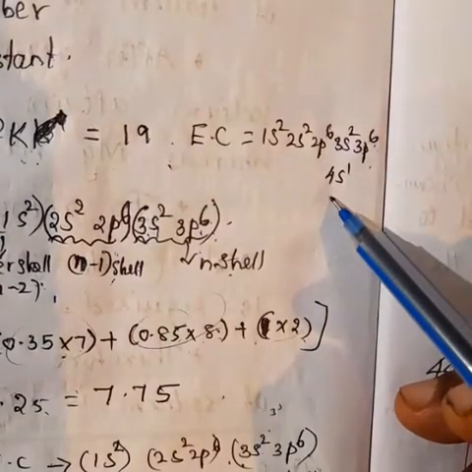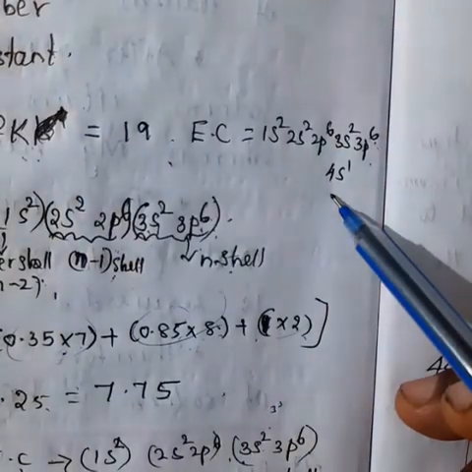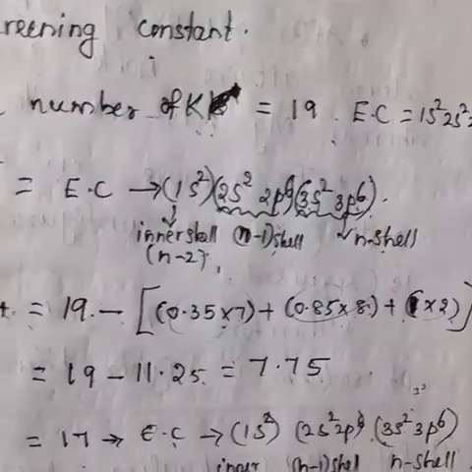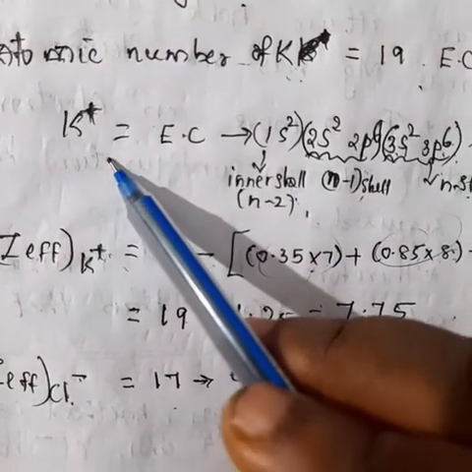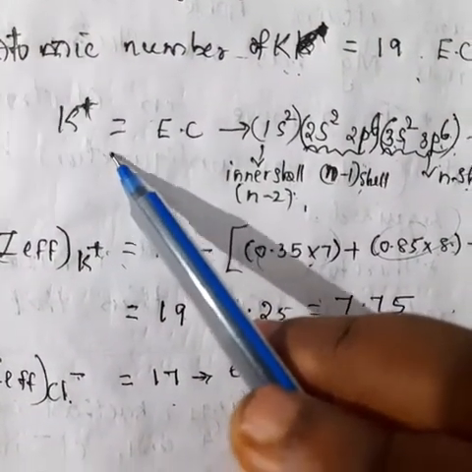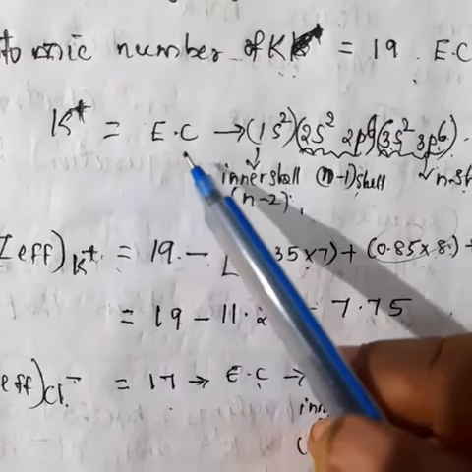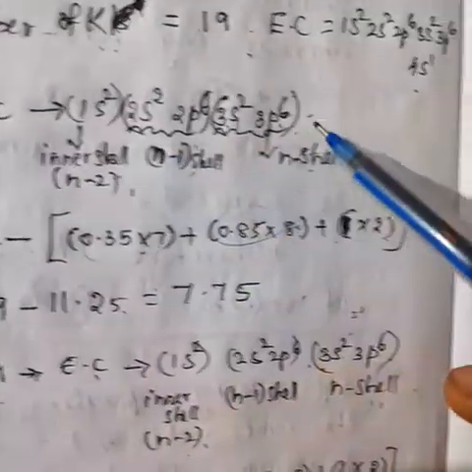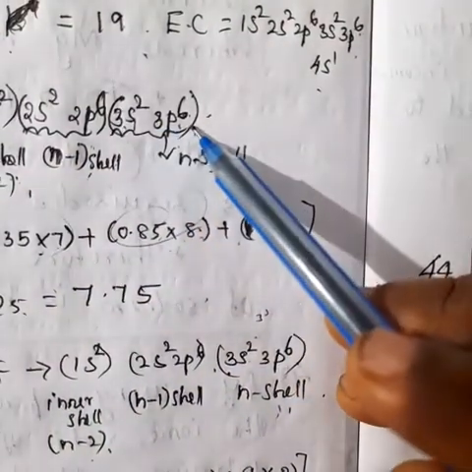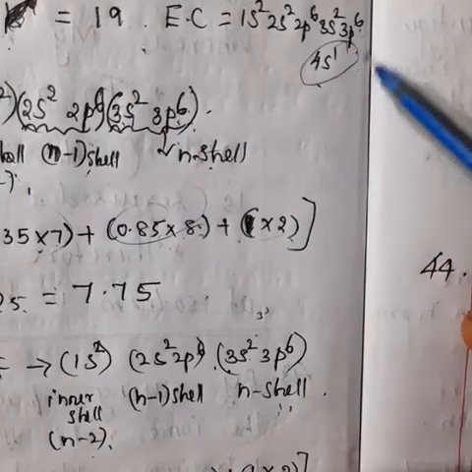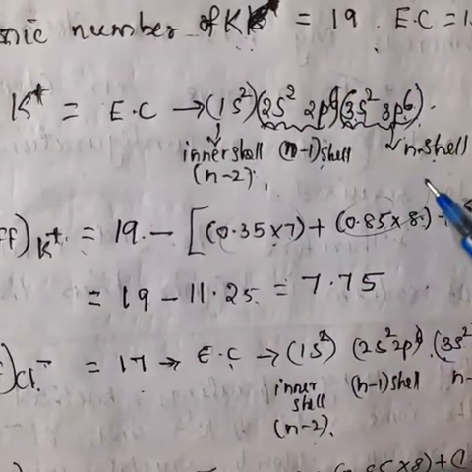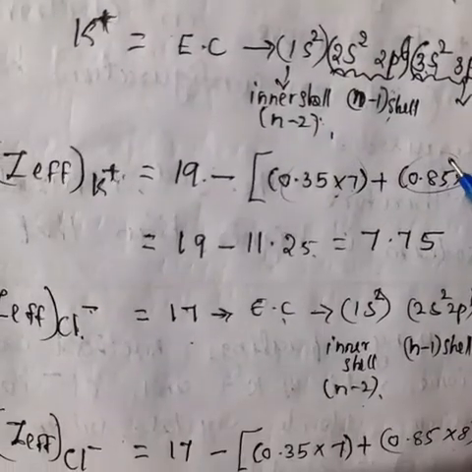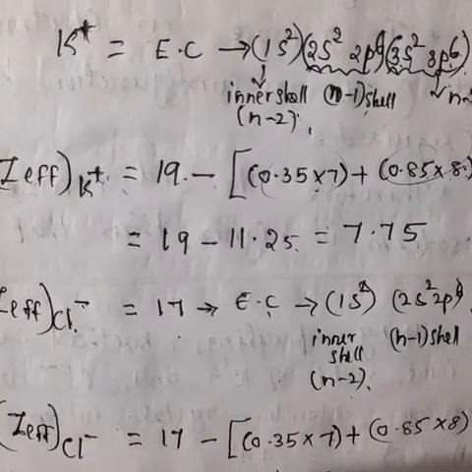But here we have to calculate it for K plus, which means 1 electron is lost: 1s2 2s2 2p6 3s2 3p6, the 4s1 electron is lost. So to calculate the effective nuclear charge, we should calculate the screening constant.